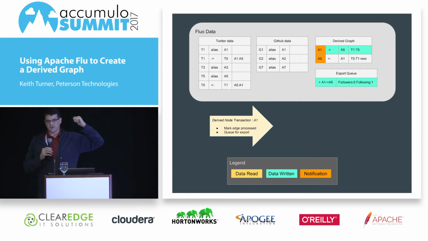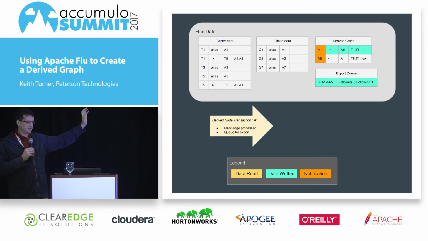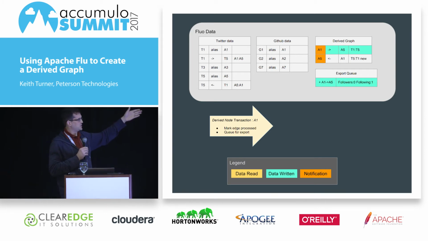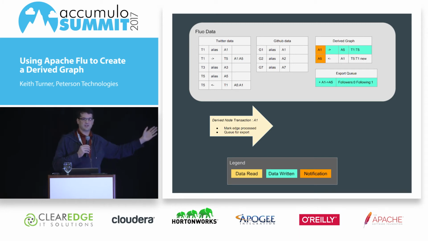And export queues are something I actually talked about last year when I spoke at the Accumulo Summit. The reason an export queue exists is that when you're in the middle of a transaction, like computing the new state of the edge A1, you don't want to start exporting things to an external system in the middle of that transaction. Because if your transaction fails, the next time you run it, you may compute a different state.